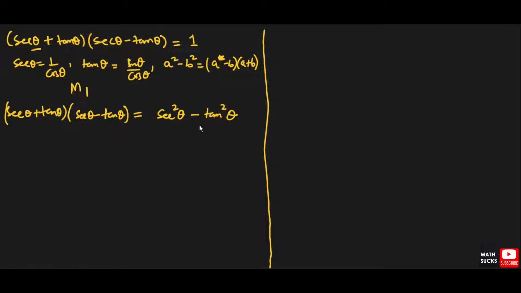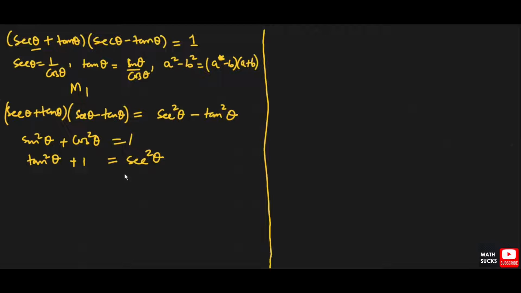Okay, so from here, how do we proceed? You can recall the first fundamental identity of trigonometry, which says that sine squared theta plus cos squared theta is equal to 1. If we divide throughout by cos squared on both sides, we get the equation tan squared theta plus 1 is equal to 1 over cos squared theta, which is sec squared theta.